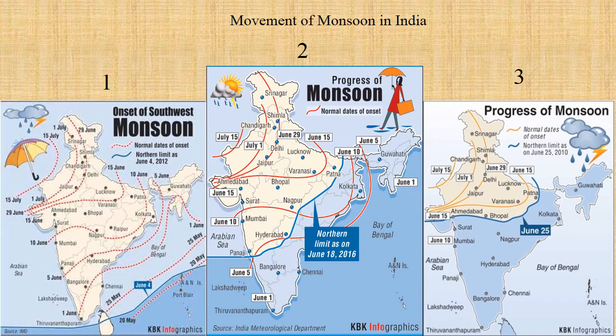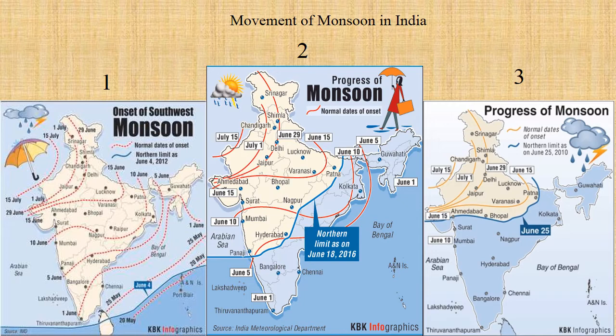Look at the second map. The second map talks about the progress of monsoon. How does the monsoon proceed ahead? The monsoon will proceed slowly as the pressure difference develops on landmass and water body. If the pressure difference is more, the movement of the monsoon wind will be faster.